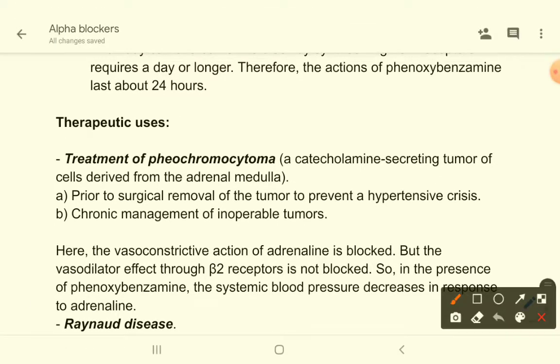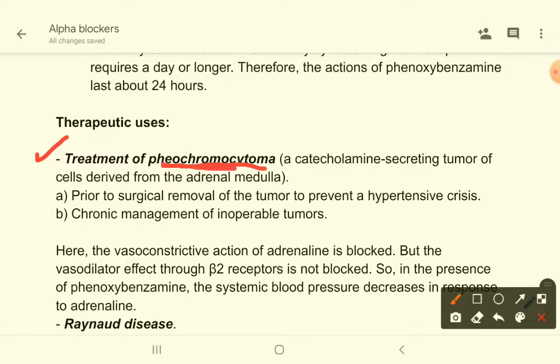This drug is used in a special condition called pheochromocytoma. As you know, pheochromocytoma is a cause of increased blood pressure. So here we can use this drug, phenoxybenzamine. And why should we use this drug, not other drugs? There is a special reason for that.